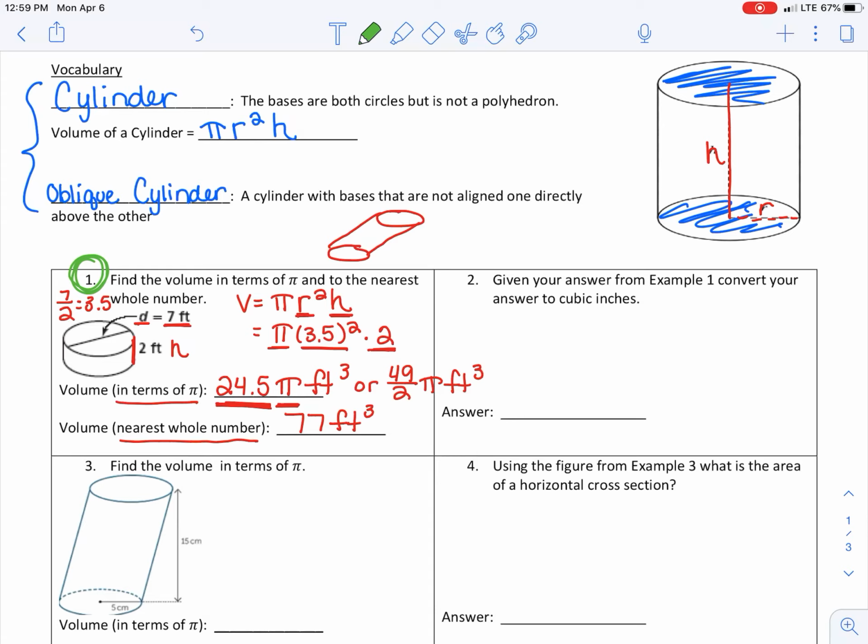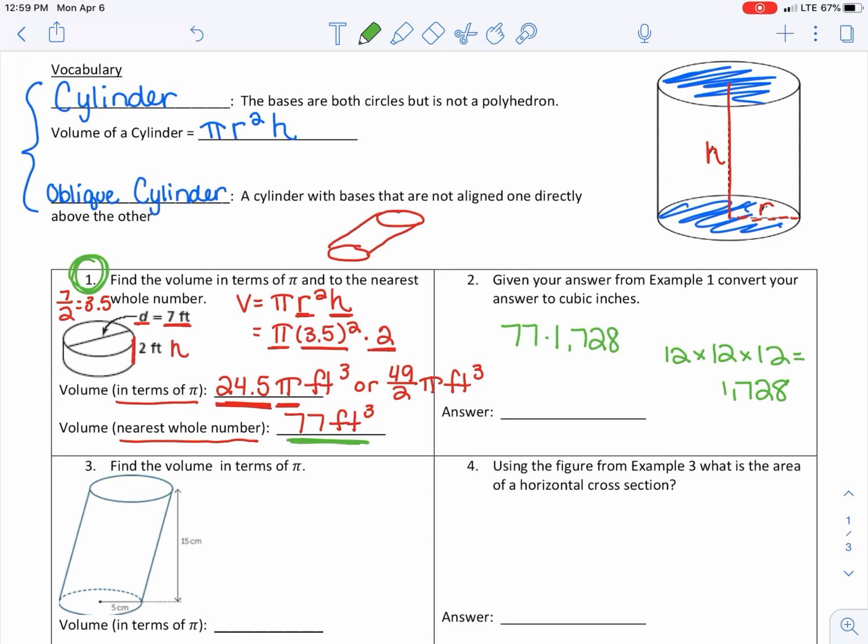Since we're talking about volume, we're talking about cubic units. So we're going to take that 12 times 12 times 12, and we get that same number we got from lesson 2. We got 1,728. And this time we're going to take that final answer and multiply it by the 1,728.